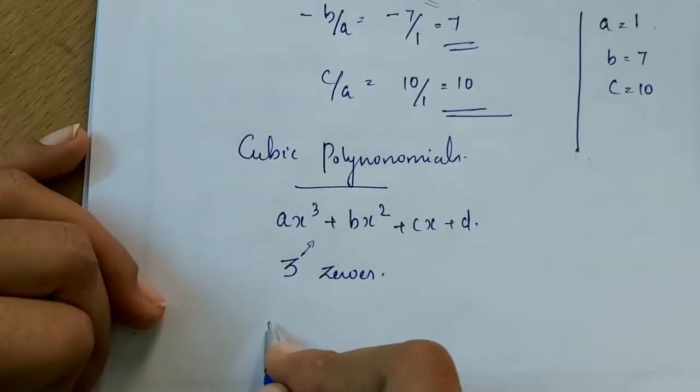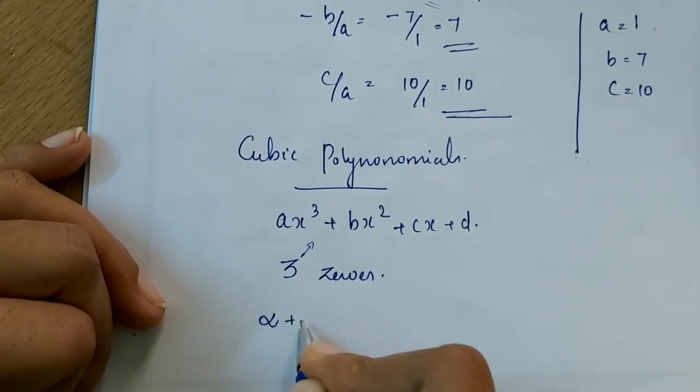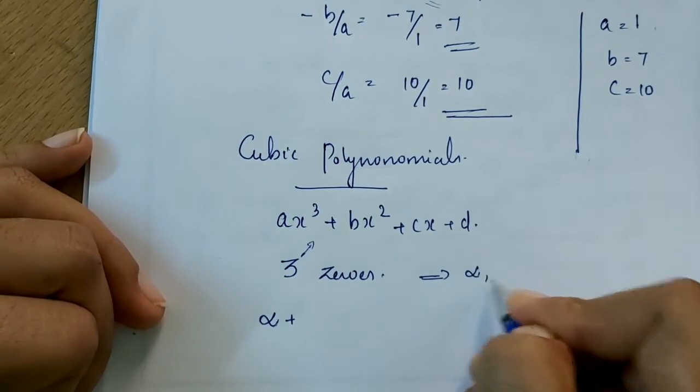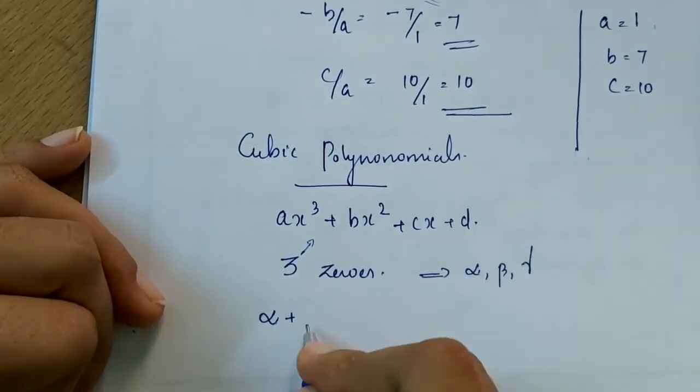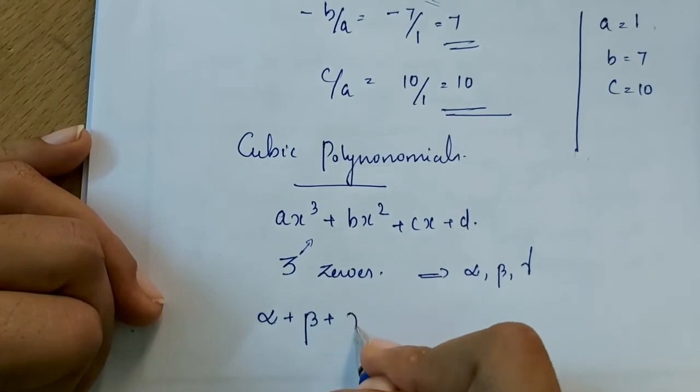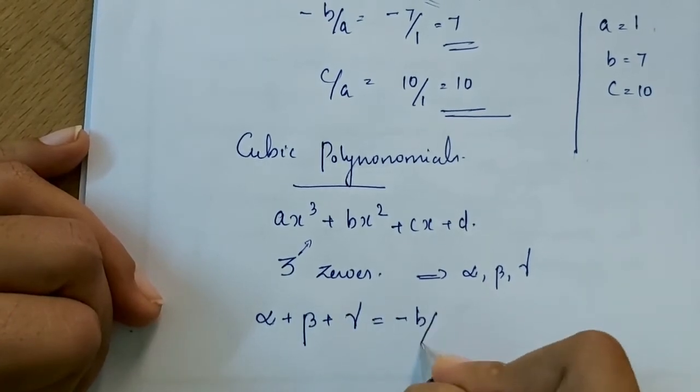Let's discuss the relationship. If the 3 zeros are alpha, beta, gamma, then we can establish the relationship: alpha plus beta plus gamma is equal to minus b by a.